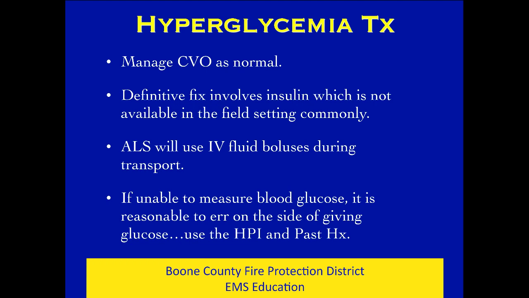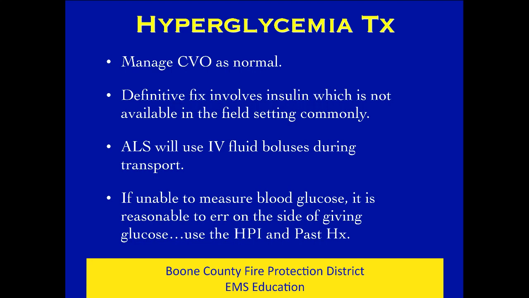And then what happens if you don't have a glucometer, your glucometer is malfunctioning, you can't get a good finger stick, whatever. You are unable to measure their blood glucose. Does that tie your hands? Well, it certainly complicates things, but here's what you must remember. When in doubt, and you have a blood sugar related issue, if you were to give the patient some glucose paste and they turned out that they really were hyperglycemic, a little bit more glucose that you give is not going to make any difference.